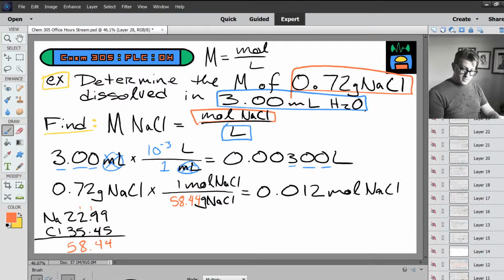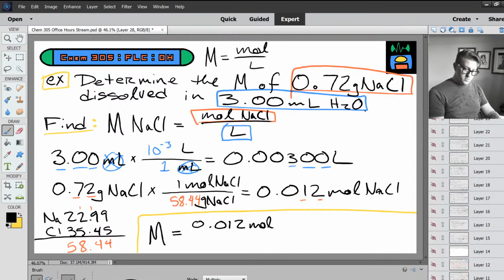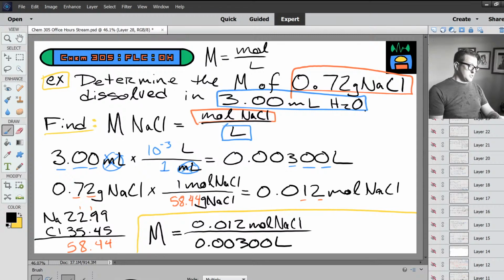Because we can only keep 2 sig figs because we started with 2. Now, let's dial this all the way back to molarity. Molarity is equal to moles, 0.012, of solute over volume of solution in liters. So we have 0.012 divided by 0.00300.